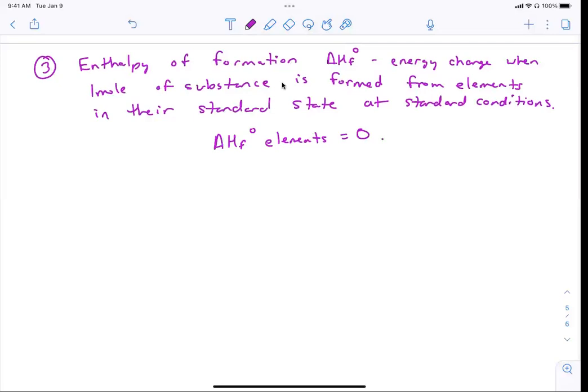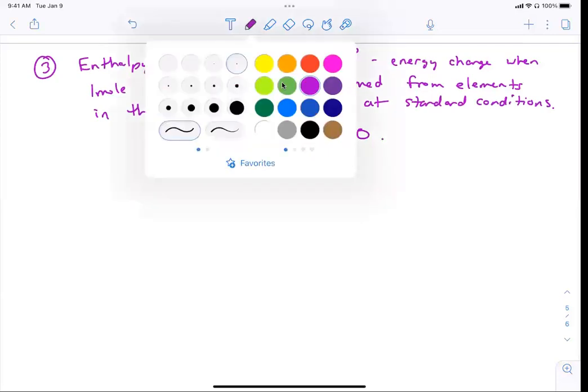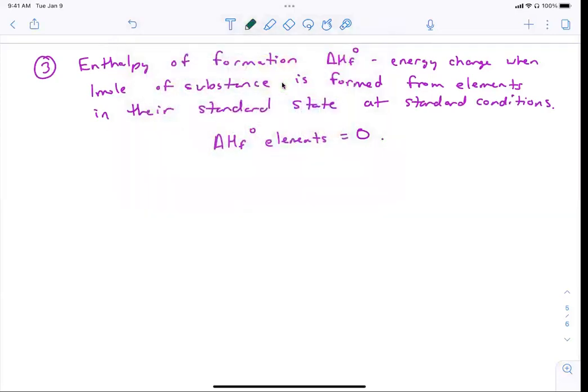Well, it depends on how you need to balance it. For example, if I wanted to write the enthalpy of formation reaction of water, it would look like H2 plus O2 yields H2O. We'll just call it liquid here, but this is gas, and this is gas.